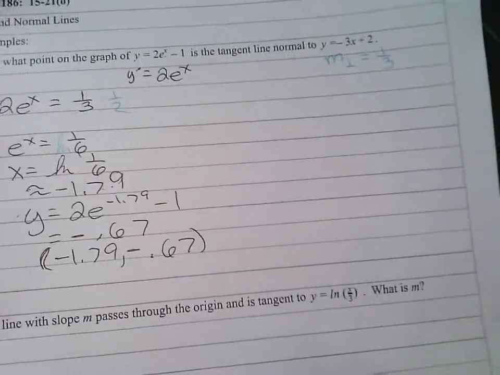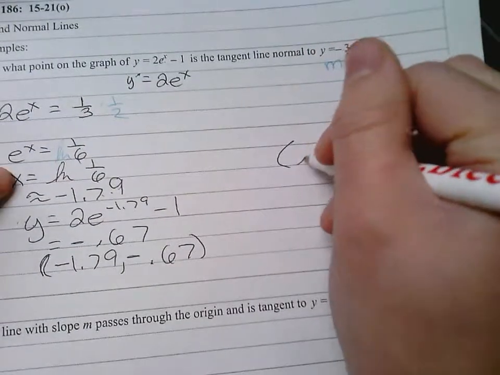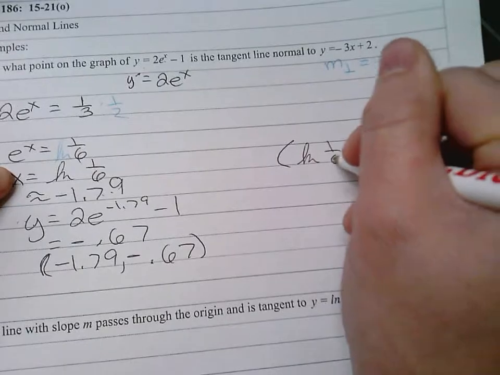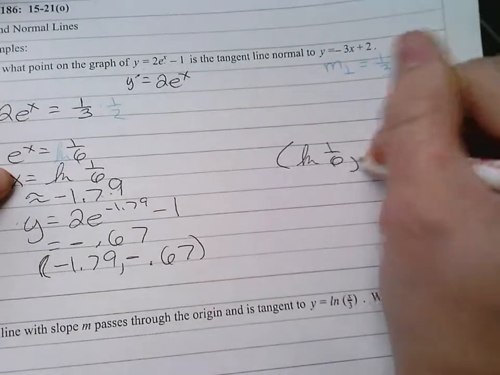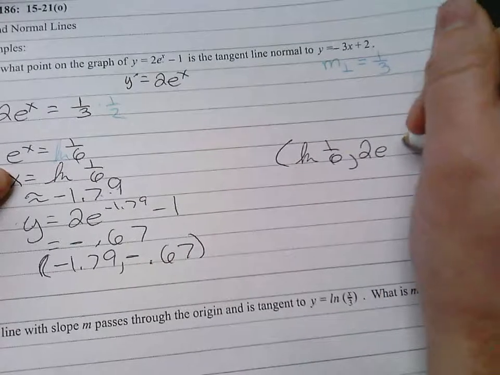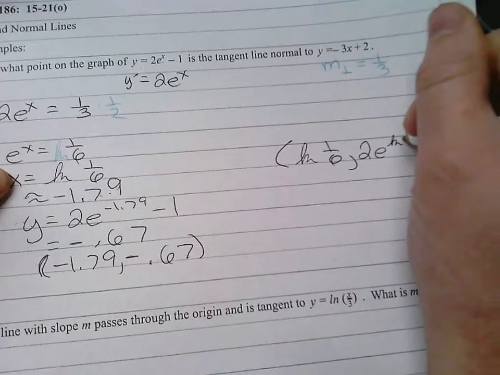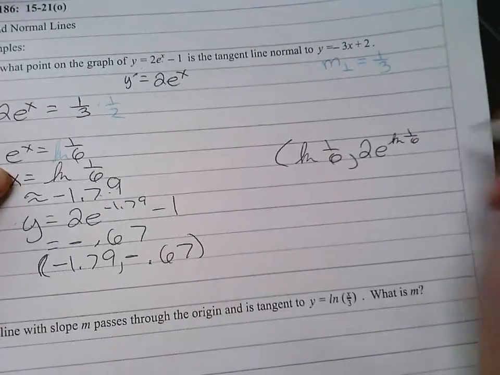Or, if you want to be fancy, you can say x is ln of 1/6, and then you have 2e to the ln of 1/6, minus 1.